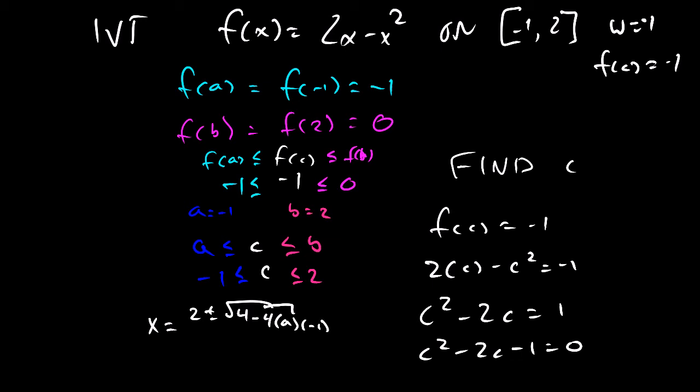A is just equal to 1, all over 2 times a, which is 2. So this is equal to 2 plus or minus the square root of 8 over 2.